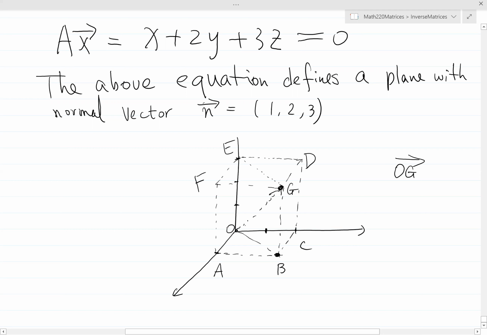The null space is a plane perpendicular to OG and passing through O. Somehow you need to make sure it's perpendicular to OG. Then what's the dimension of the null space? Because it's a plane, the dimension of the null space is 2.